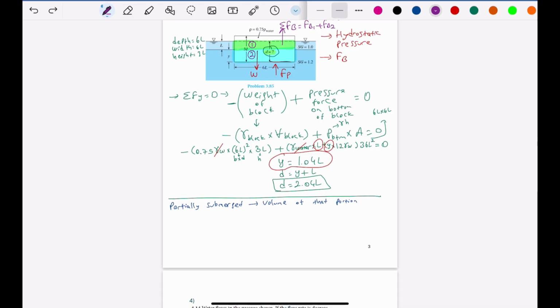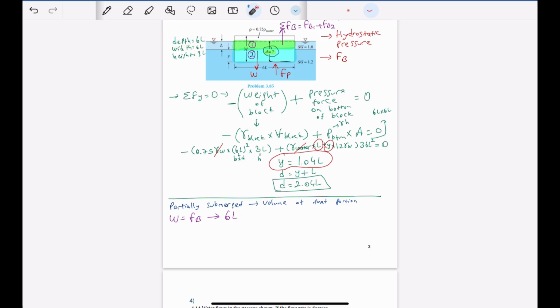So first, let me write the weight should be equal to buoyancy force, because this is floating. So the weight of the shape will be, we have 6L, and we can still keep using this depth as 6L.